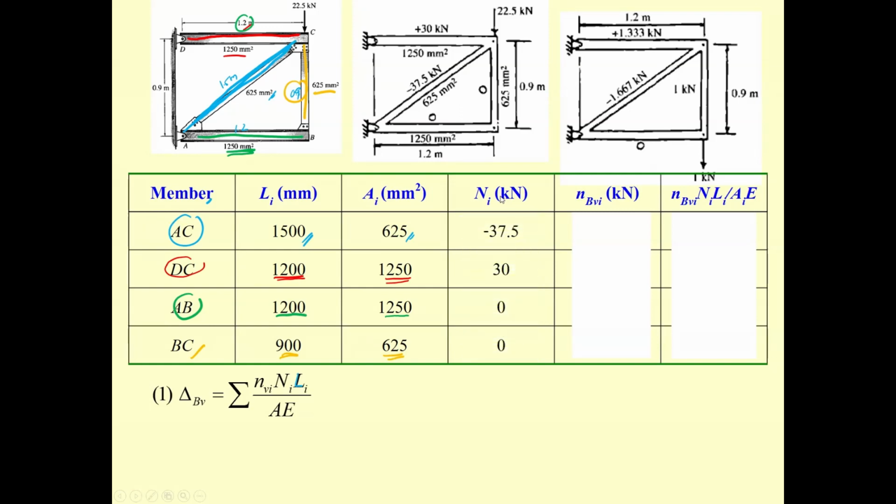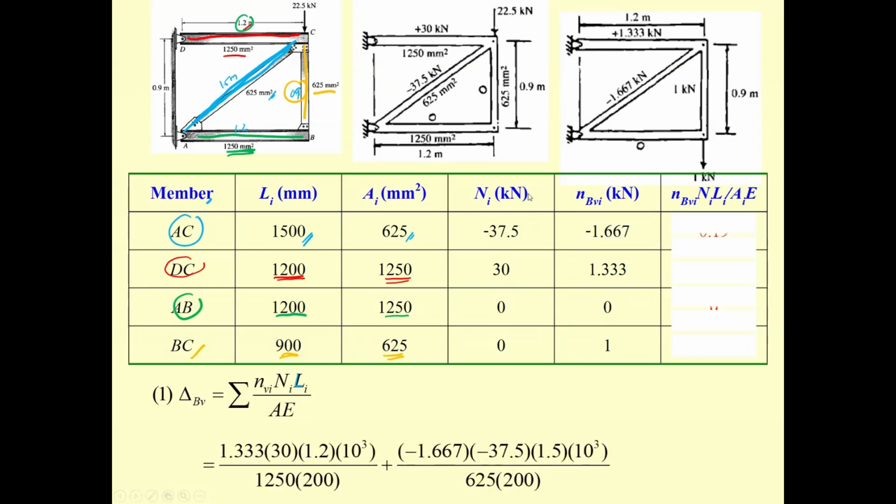Okay. Now take the small n sub I into the table. Do the calculation. Okay, for this one, it is going to be this one times this one times L divided by 625 for sure. This is going to be the AC.